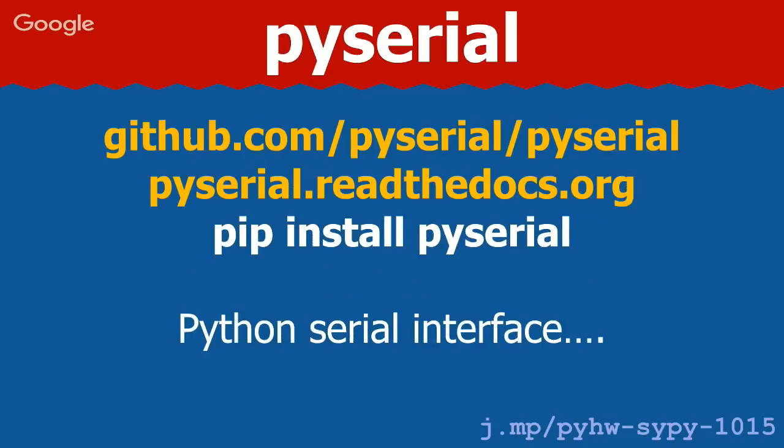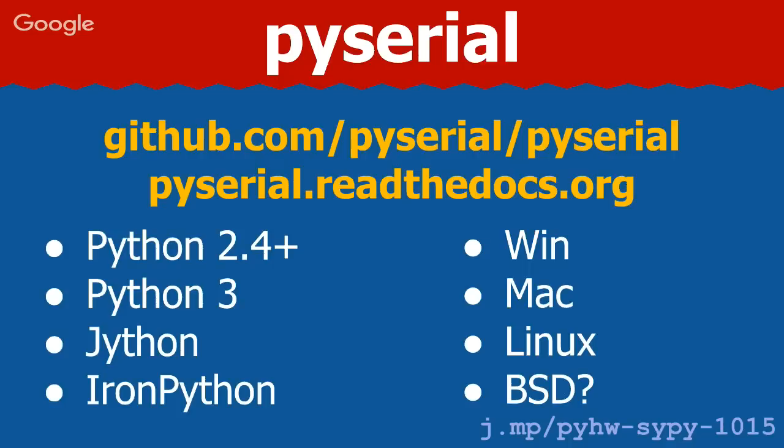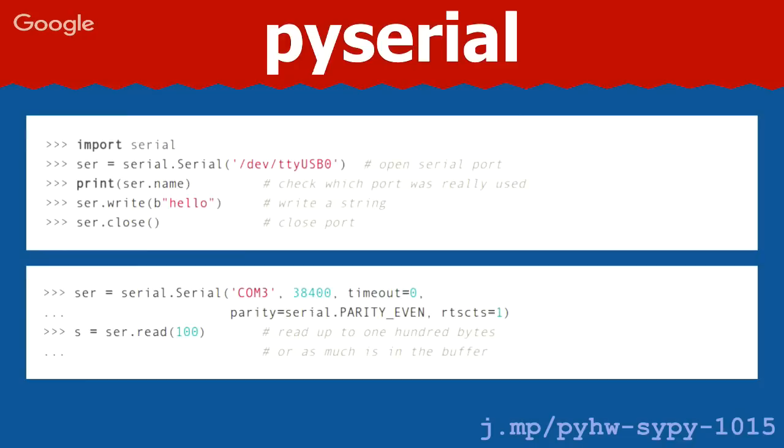PySerial is a great way to interface to serial ports. It supports more Pythons than I care about, including IronPython, if you're mad for some reason. It supports all the different things. And as you can see, it's pretty simple. You just import the serial module, then you write some stuff to it, and you close it, or you read some stuff.